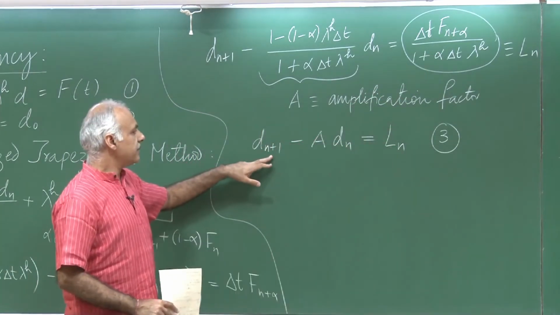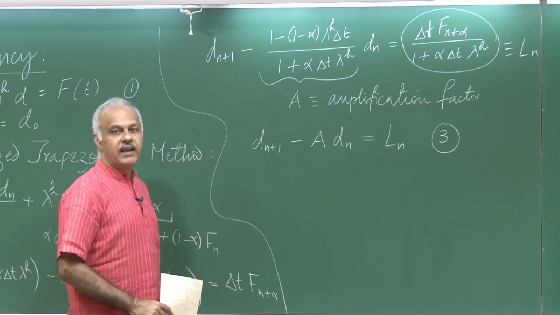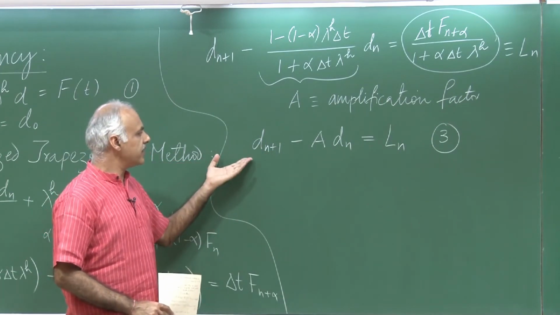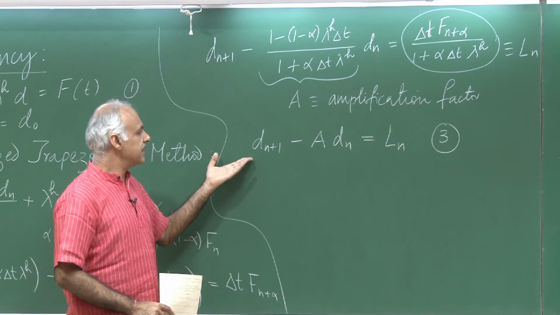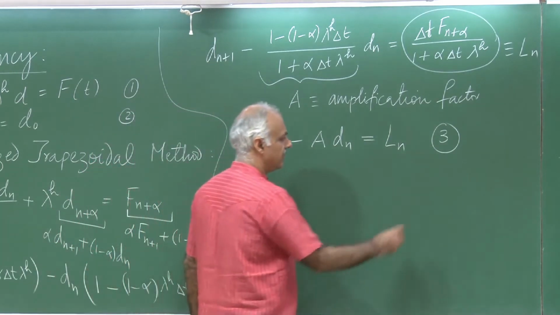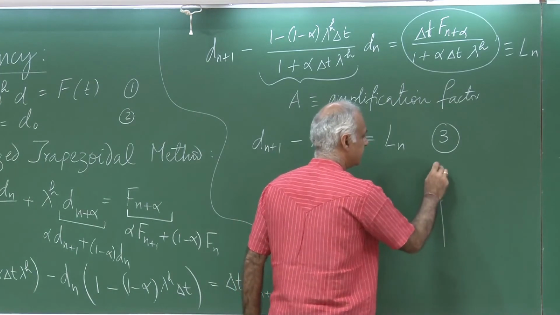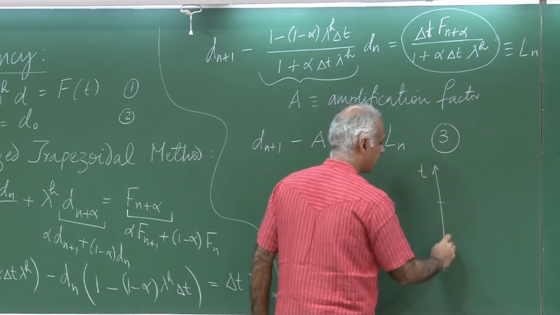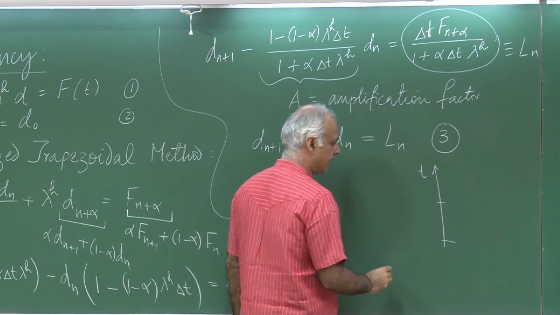Okay. dn plus 1 and dn are the approximate values of d at time levels n and n plus 1. So, if I had to draw a diagram, if this is my time, I am talking about two relevant time levels here.